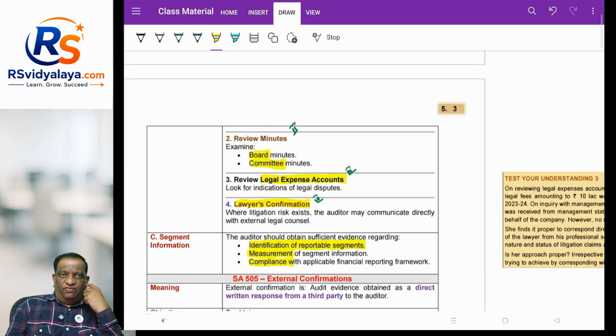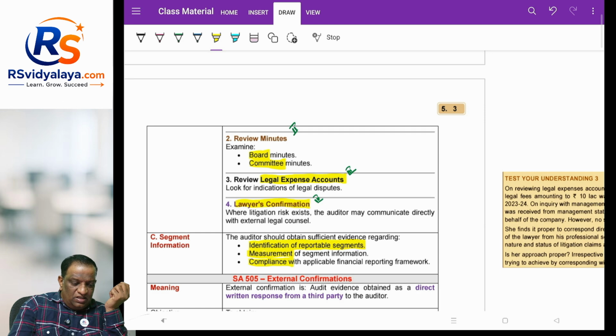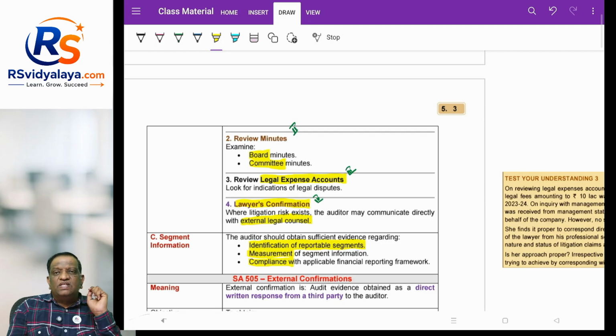But there are 2 things that may come up. Point number 1: what if the auditor is not allowed to take the confirmation from the external person, when you need evidence from them? And point number 2: what if the lawyer himself refuses?